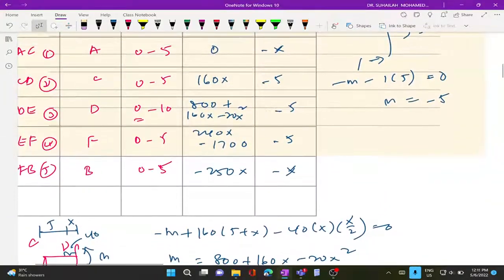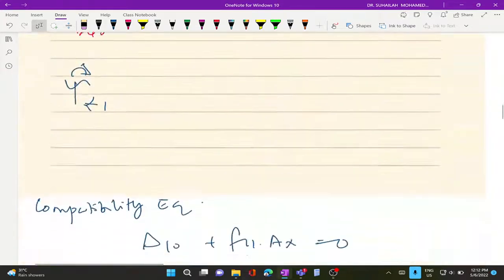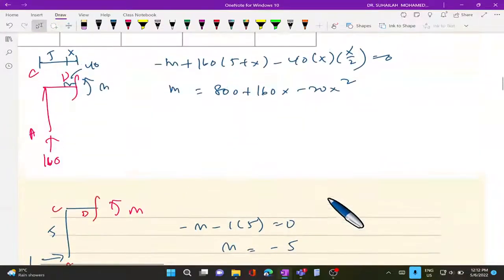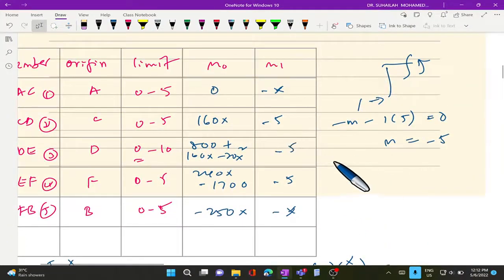The second value will be 125. The third section, 0 to 10, is 250.